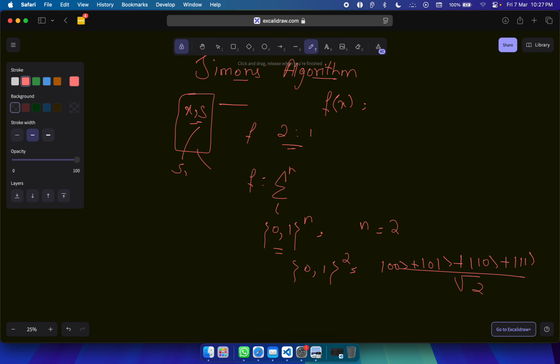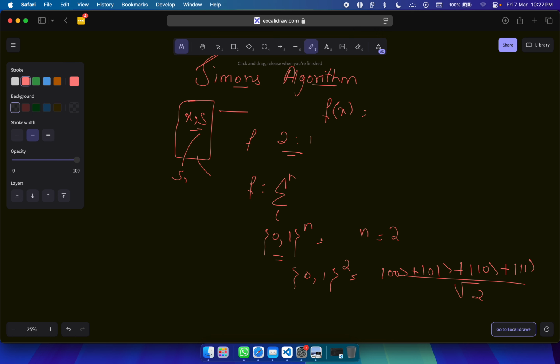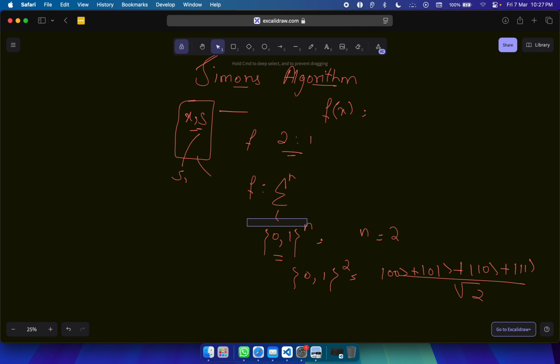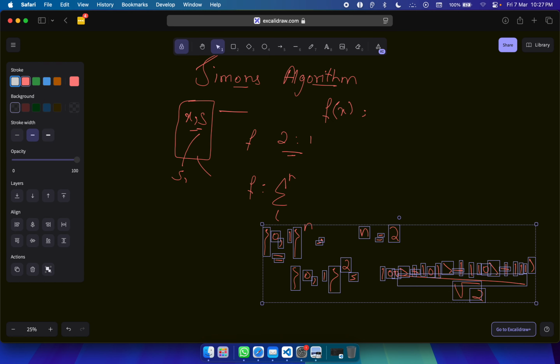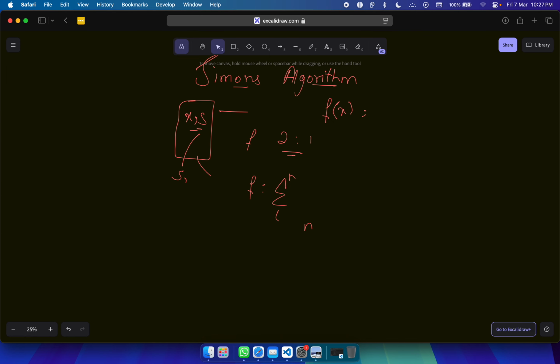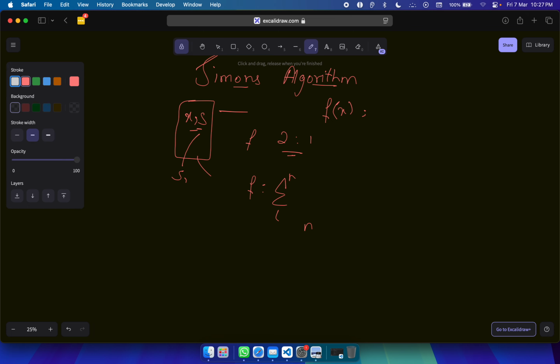And so this is what I was trying to get at. Now let's say that you have such a system. Let me get rid of this. So this function essentially has to map a set of n strings, so n bit or n qubit input, to a set that has m qubit outputs, right?